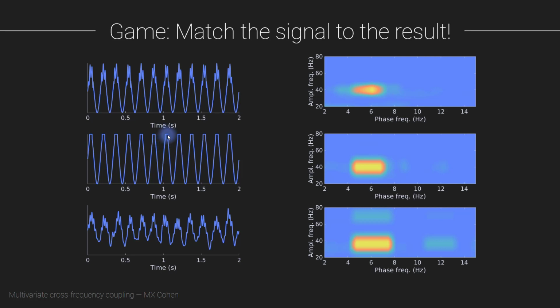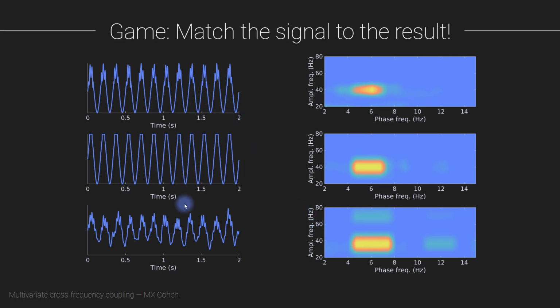It just looks like the amplifier clipped or something. There's something a little weird happening at the tops of these otherwise pure sine waves. And yet it produces a plot that looks like this, which if you didn't see the time series and you just saw this plot, you would say, hey, this is beautiful cross-frequency coupling. So this is an illustration of what I meant.